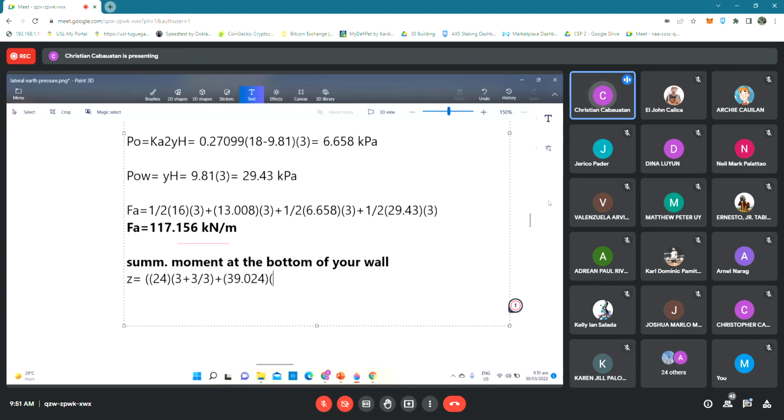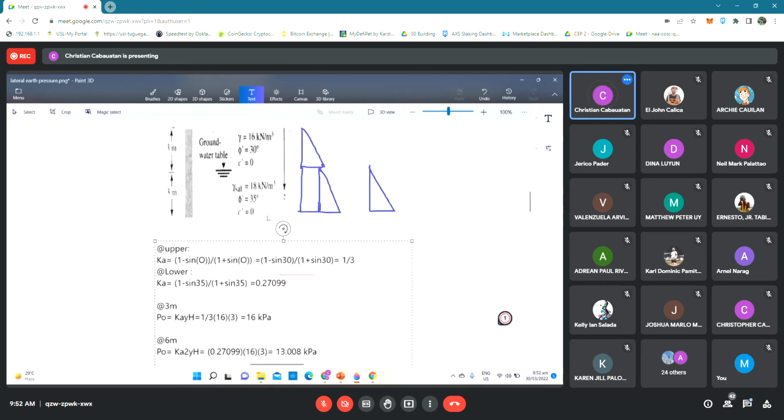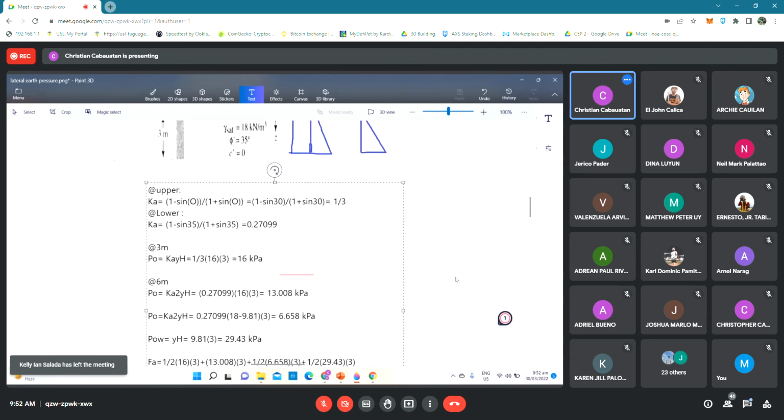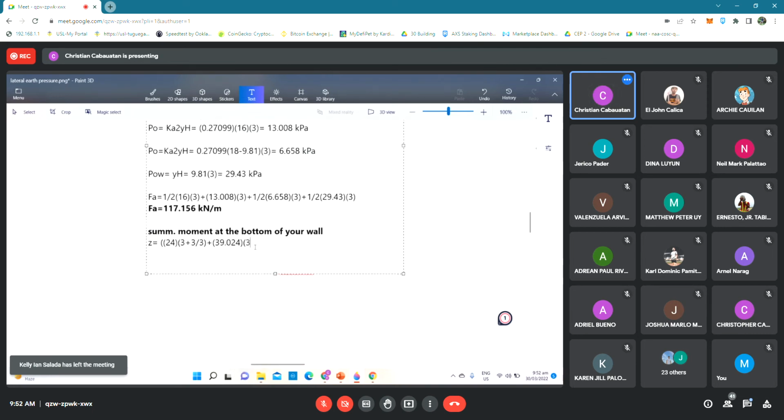Times, dito naman tayo sa location niya, no? Since it is a rectangle, therefore, the location of your force would be half of your height. Tama ba? It is just the height over 2 kapag rectangle. Tama, di ba? Which is 3 over 2.